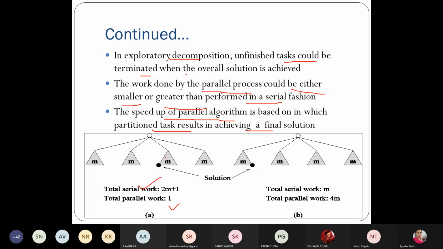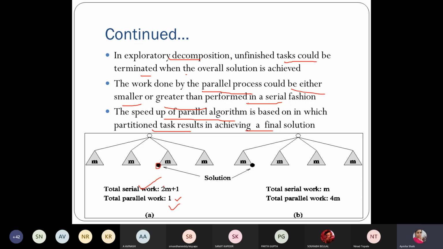In parallel, all these 4 decomposed tasks will be running in parallel. So here it is achieved in the starting itself, so we will consider it as 1, because all the 4 tasks are running in parallel. So the total parallel work will be 1.